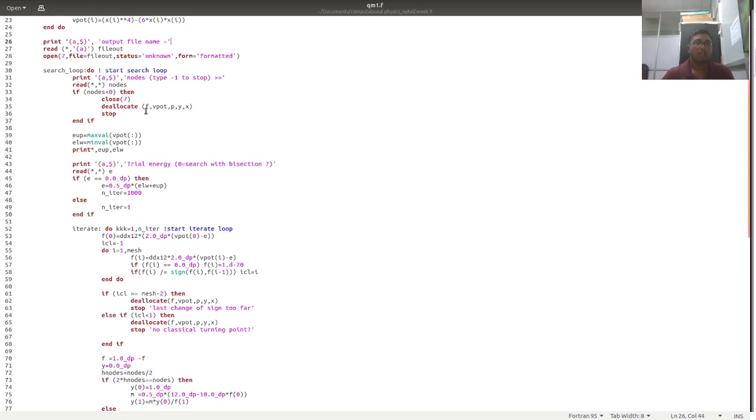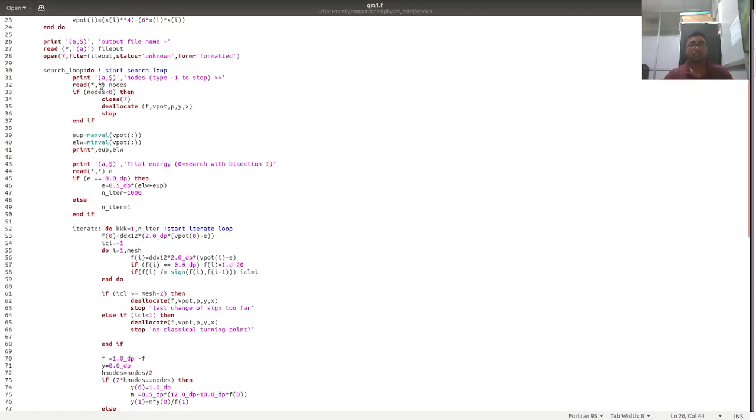Initially it is asking for the number of nodes. So basically we have to give the expected number of nodes for the particular energy state which we are estimating. The question is asking for the ground state. At the ground state we all know that it will not have any nodes, so the number of nodes at the ground state will be 0.